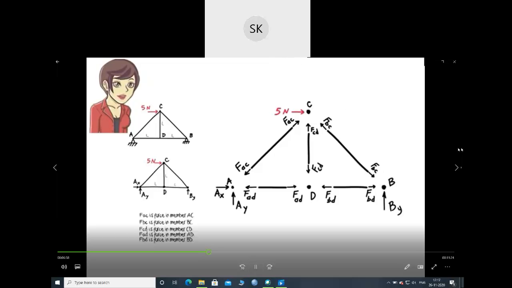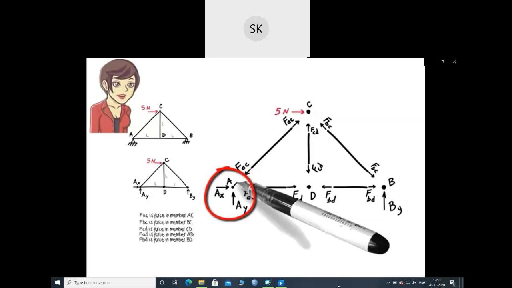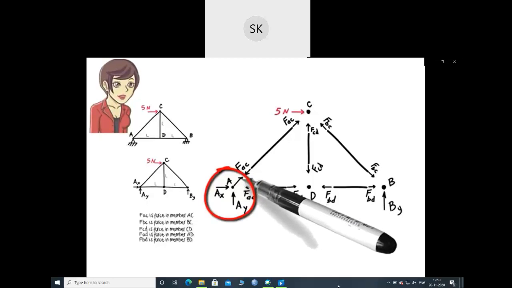Now, let's draw the free body diagram for the joint segments. Let's examine joint A first. It connects members AC and AD. Since member AC is attached to the joint, the axial force in the member also acts on the joint. We show this by placing FAC on the joint.